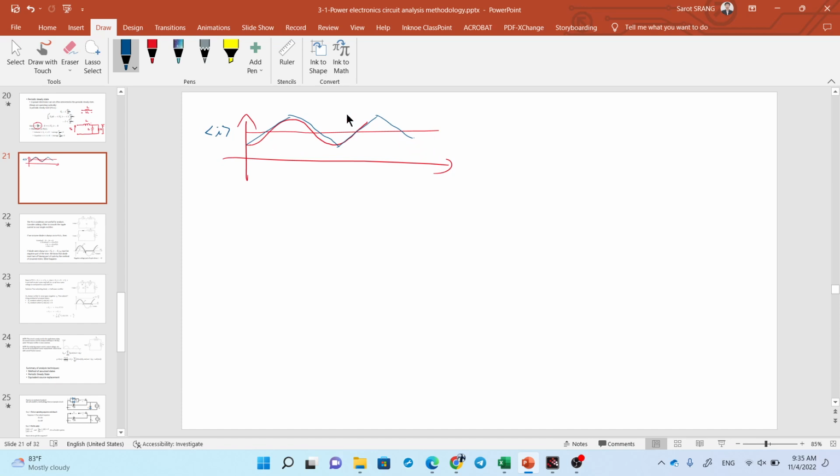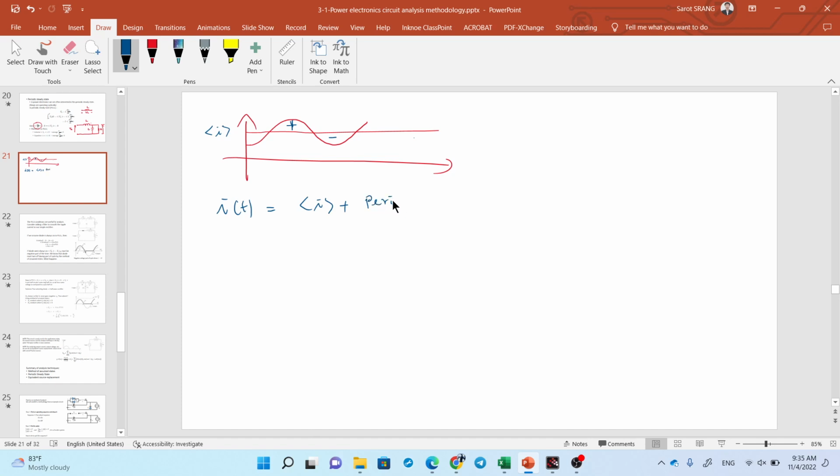Average value means the area above the mean value, the average value, and the area under the average value are the same, right? Then I write down the current, the function of current equal to its average plus some periodic function.